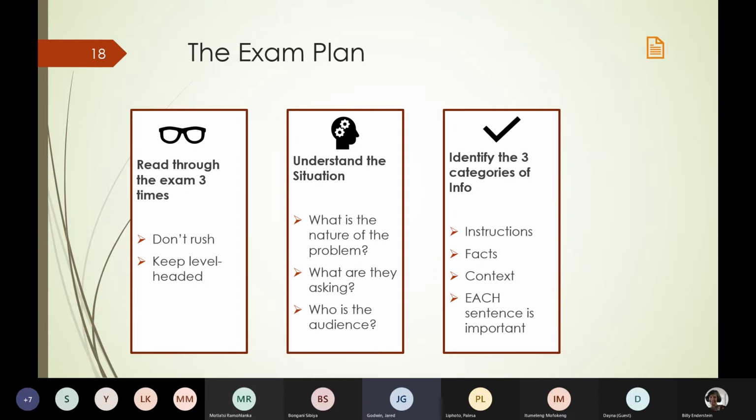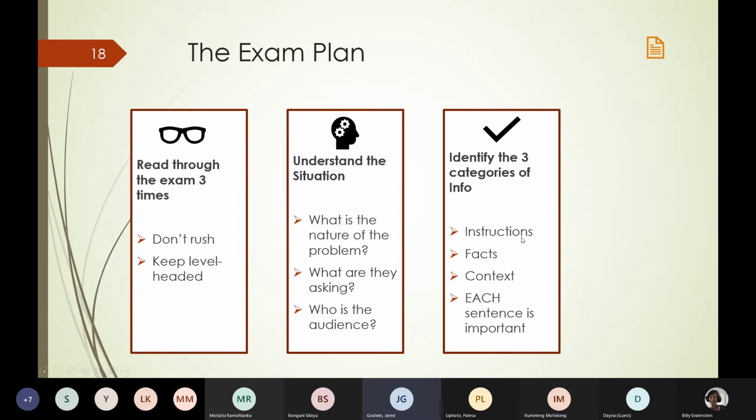Read through the question three times, or whatever your technique is, but three times is a good amount to really get a grasp of it. You're trying to understand the situation, what the problem is, who the audience is, what they are asking and what you have to answer. And what they are asking is these instructions.